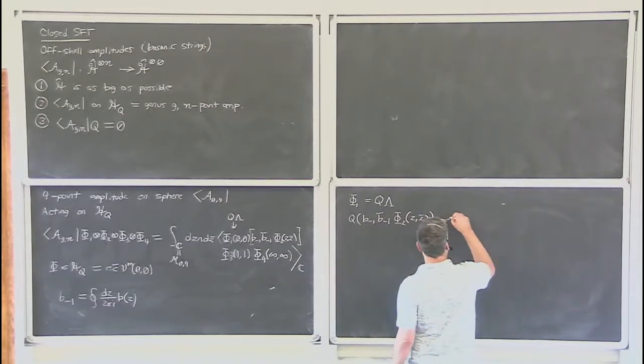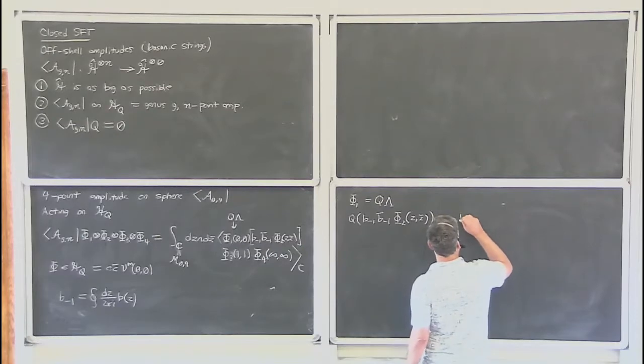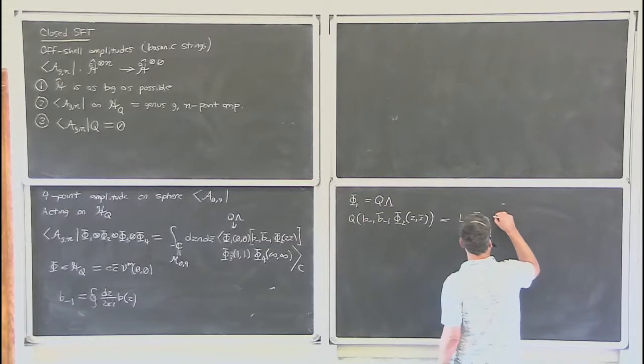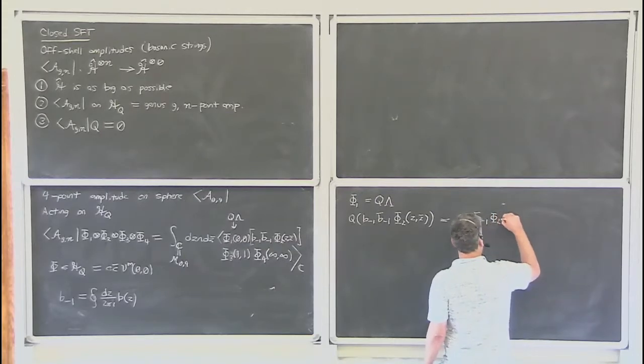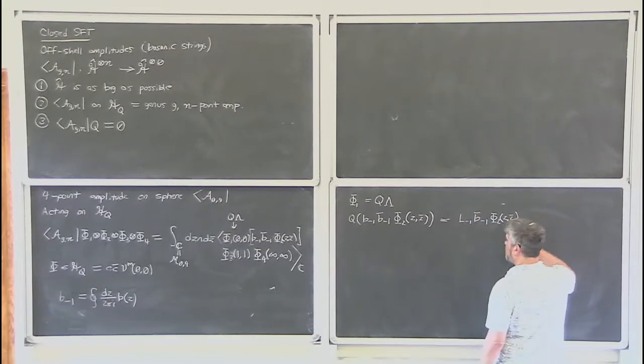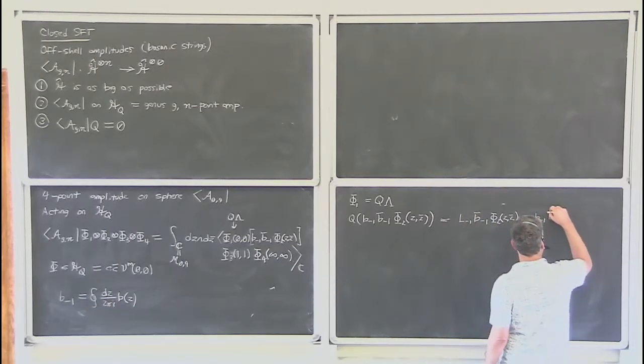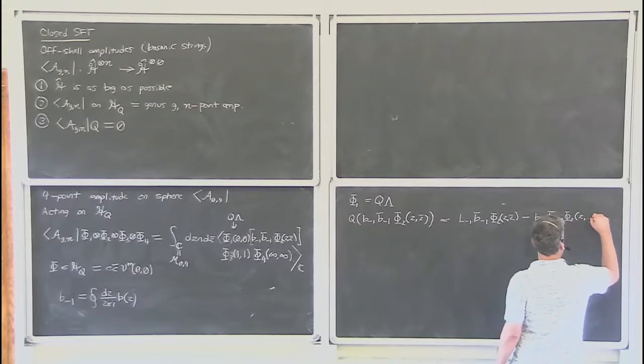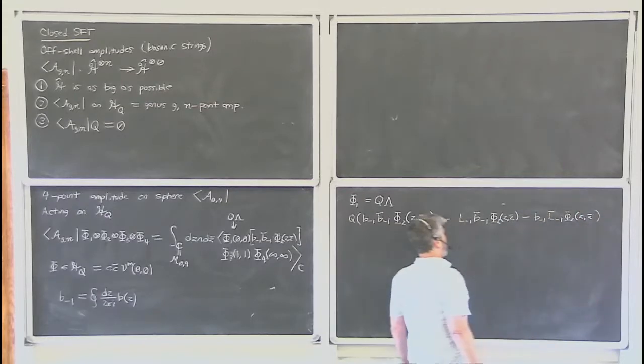should equal L_{-1} b-bar_{-1} phi 2 of z, z bar, minus b_{-1} L-bar_{-1} phi 2 of z, z bar.